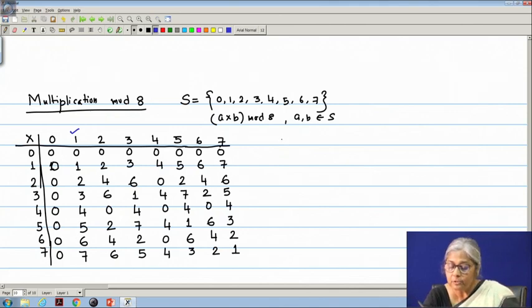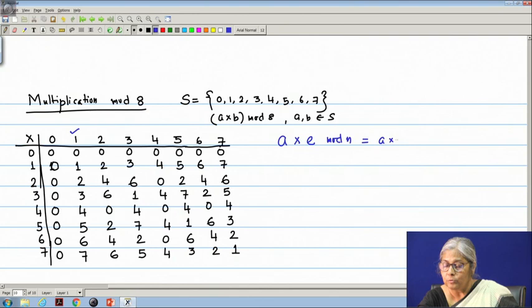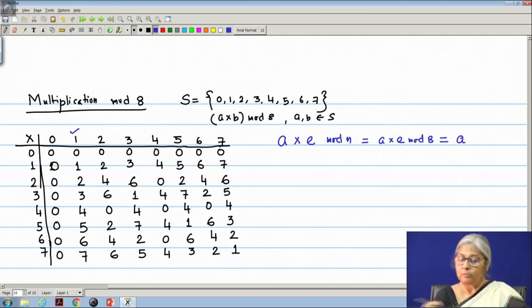So I can write that A into E modulo n, in this case A into E modulo 8, is A only, that number only.